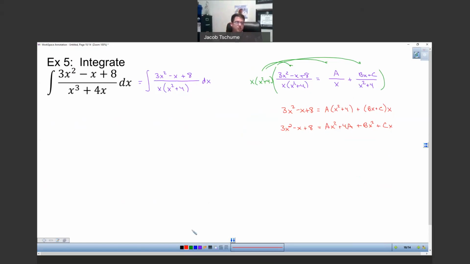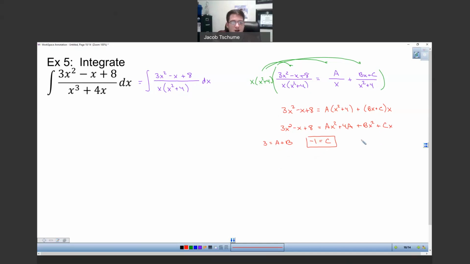So let's set up our simultaneous equations. On the left, you have an x squared term of 3, and on the right, you've got two x squared terms of a plus b. So those have to add up to equal 3. On the left, your x coefficient is -1, and here's the better part of this problem. The only x term on the right is c, so right away, I know that c has to be -1 for this statement to be true.